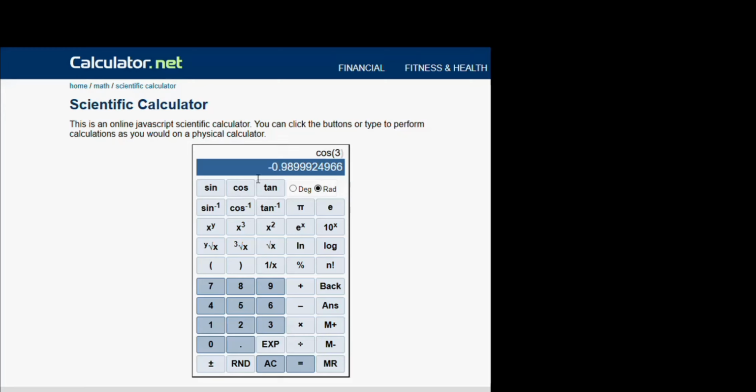Checking beyond the first period, cos 3 pi returns negative 1. Two periods is what? 4 pi returns 1. Recall the y value of our random number 30.